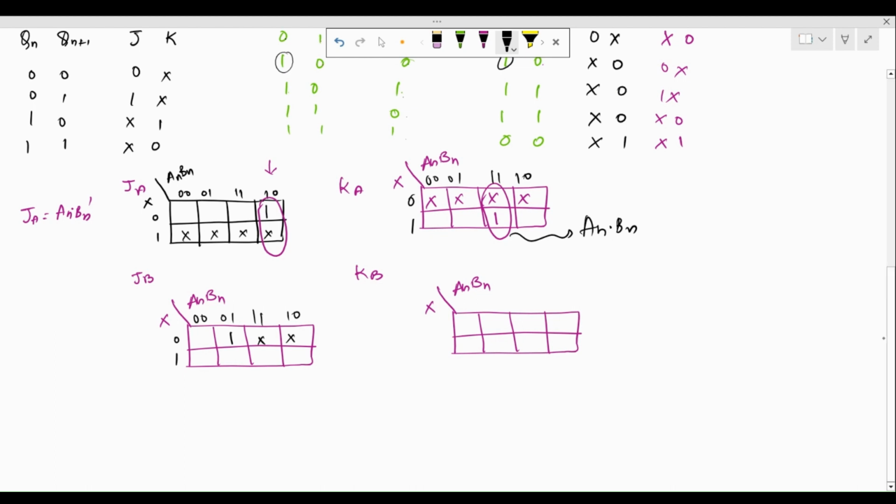And 5 is 1, 6 and 7 are don't cares. So now we can frame a quad over here to obtain a smaller expression for JB. So JB here is going to be, analyzing the rows, none of them is going to sustain, but looking at the columns, we see that it's going to be BN.